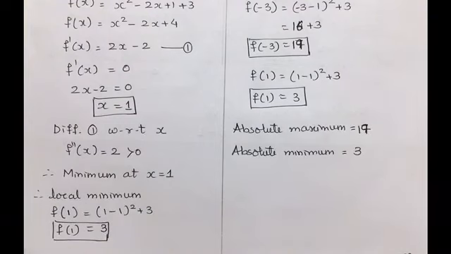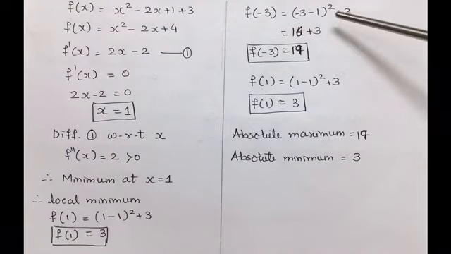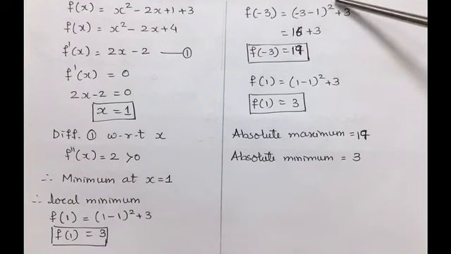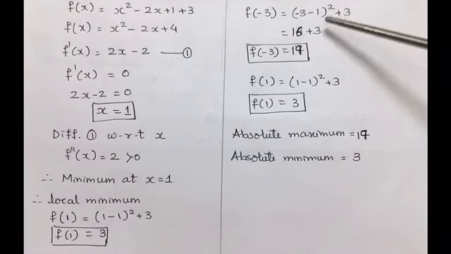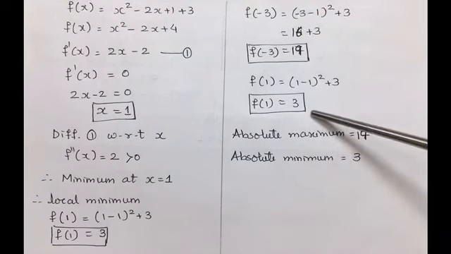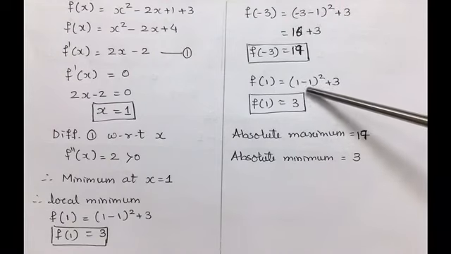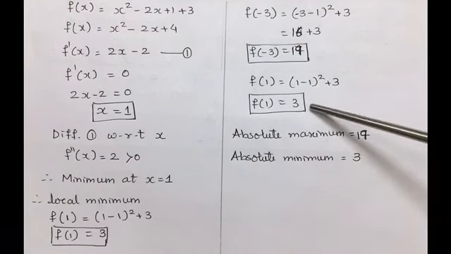Now for getting the absolute maximum and minimum, we take the value of x as minus 3 from the closed interval and keep it in f. So f of minus 3 becomes minus 3 minus 1 whole square plus 3. That makes it 4 square, 16, plus 3, 19. f of 1 is again 1 minus 1 whole square plus 3, so this answer becomes 3.